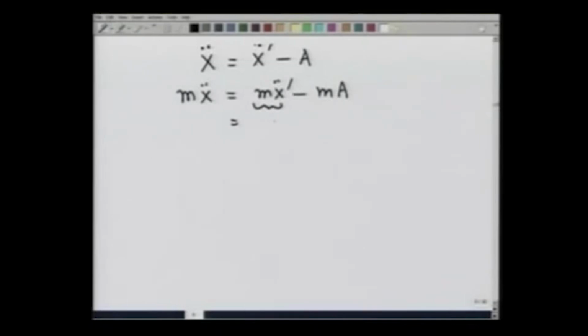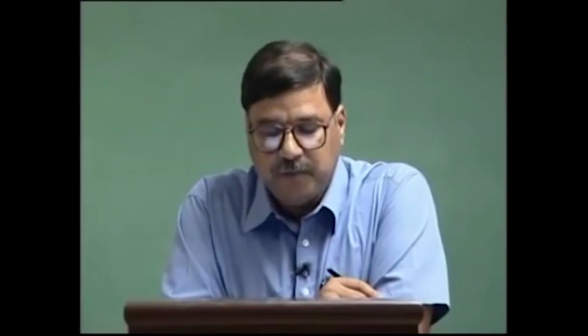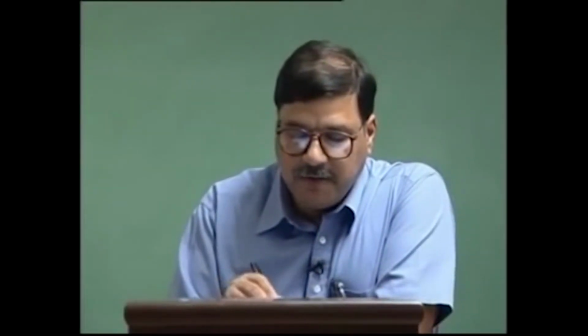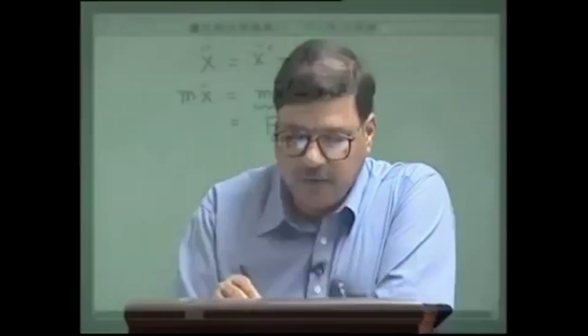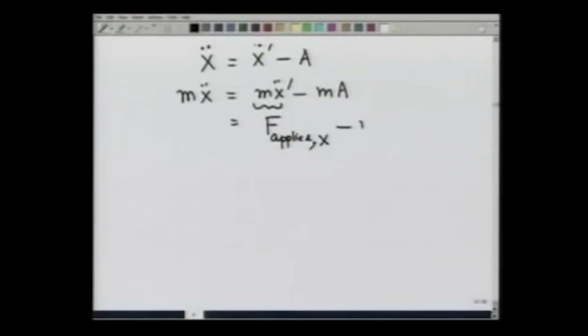This, recall, is the true force F applied, because x prime double dot is the acceleration in the inertial frame. So, this is the real applied force F in the x direction minus m a, and therefore, the acceleration in the accelerating frame I write as F applied minus m a divided by m.